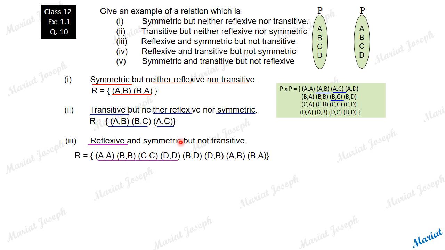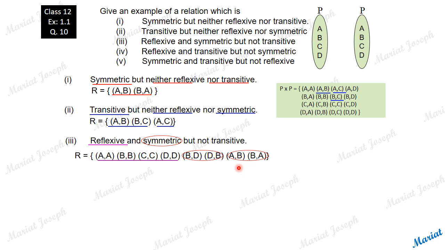Now, for it to be symmetric, if you're choosing BD, keep DB also. If you're keeping AB, keep BA also, the reverse ones. So symmetry is maintained well. Symmetry: BD, DB, reverse. AB, BA, reverse.